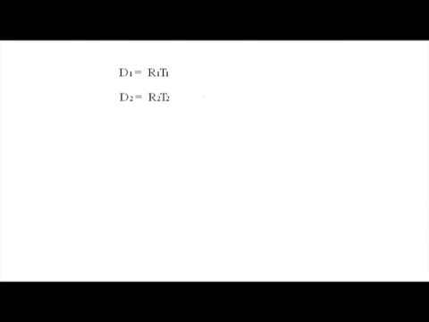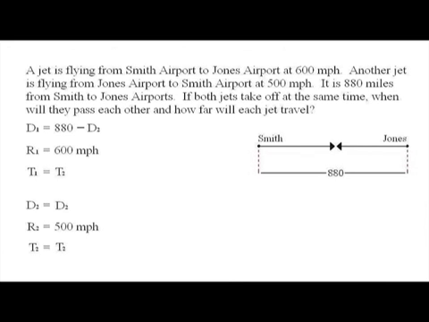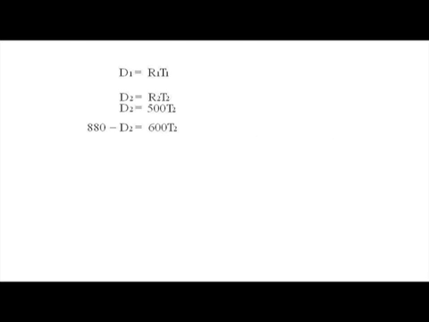Therefore, d2 equals 500 times t2. For our first body in motion, we agreed that d1 equals 880 minus d2. If you look at our chart, that's what we filled in for d1. Our rate is 600, and our time was t2. Remember that t1 is the same as t2. And our formula now for the second body is d2 equals 500 times t2.